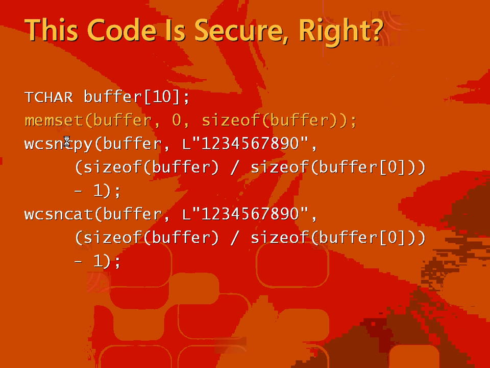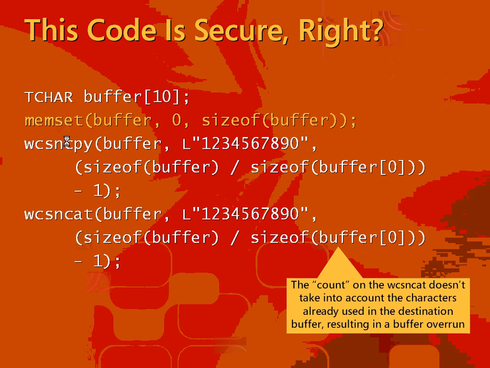So what we can do is memset the buffer to begin with so that it's all nulled out, do the copy, and then have the concatenation. But we're still not quite there yet, because the count that we're using on wcsncat tells us how many characters we want to copy, and doesn't take into account at all the size of the destination buffer.